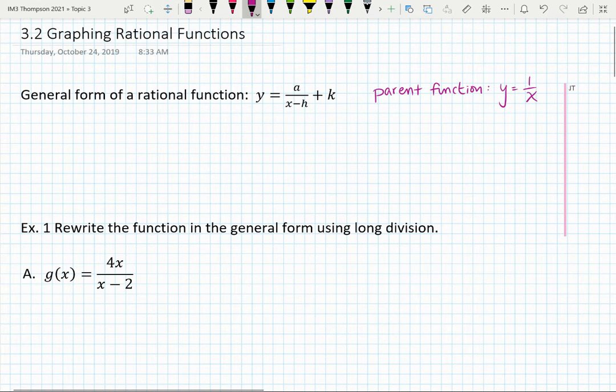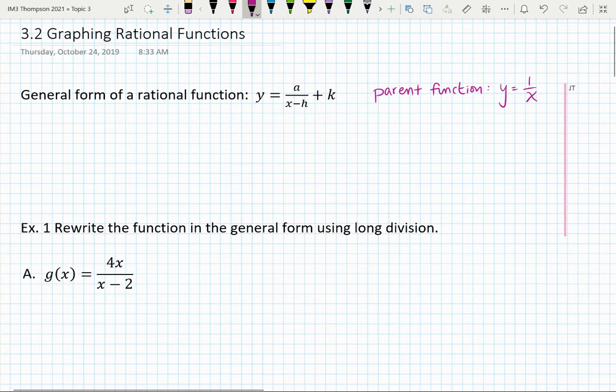So just like when we look at transformations of quadratic functions and transformations of absolute value functions, I have kind of these rules that'll help me figure out what this graph would look like.